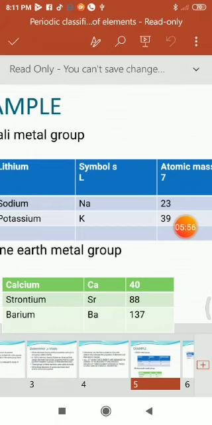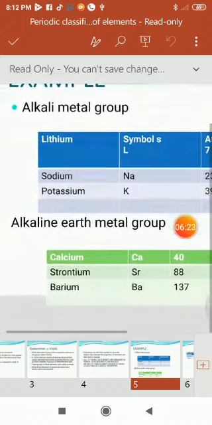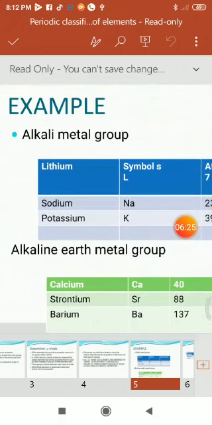Let's discuss the chemical properties of these elements. All three elements are metals. The oxides of all of them are alkaline in nature, and the elements have valency 2; they are divalent. Due to these similar chemical properties, calcium, strontium and barium are put in one group called the alkaline earth metal group or family.